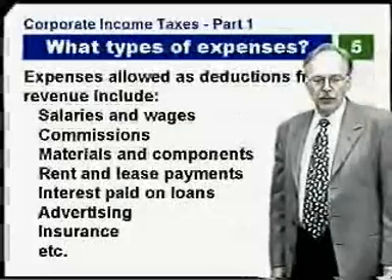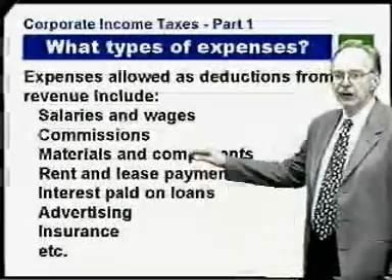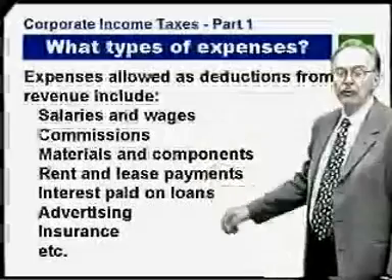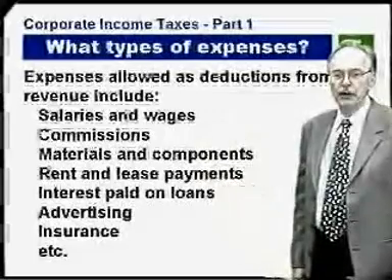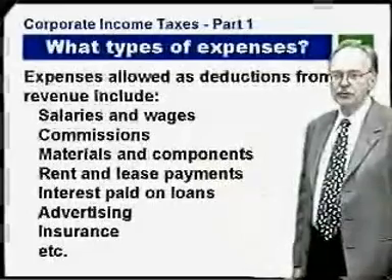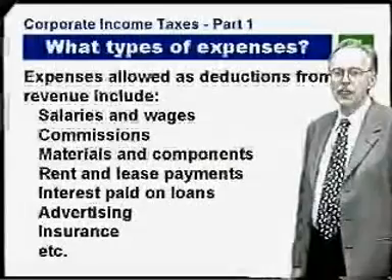Almost everything that a company spends money on is allowed as a deductible item, especially salaries and wages. That's usually one of the major components. Salaries to your monthly employees, wages to your hourly employees. Commissions paid to sales agents, sometimes percentage commissions or bonuses. All these are legitimate expenses.